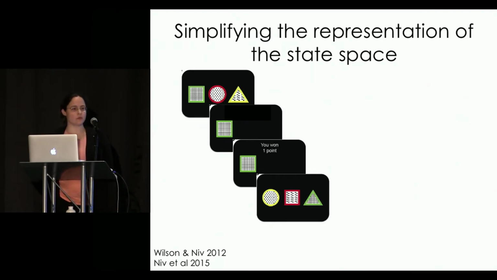And the way the experiment is set up is that there's a single feature of a single dimension that leads to reward with probability 0.75. The other dimensions don't matter, and the other features of that dimension lead to no reward with probability 0.75.